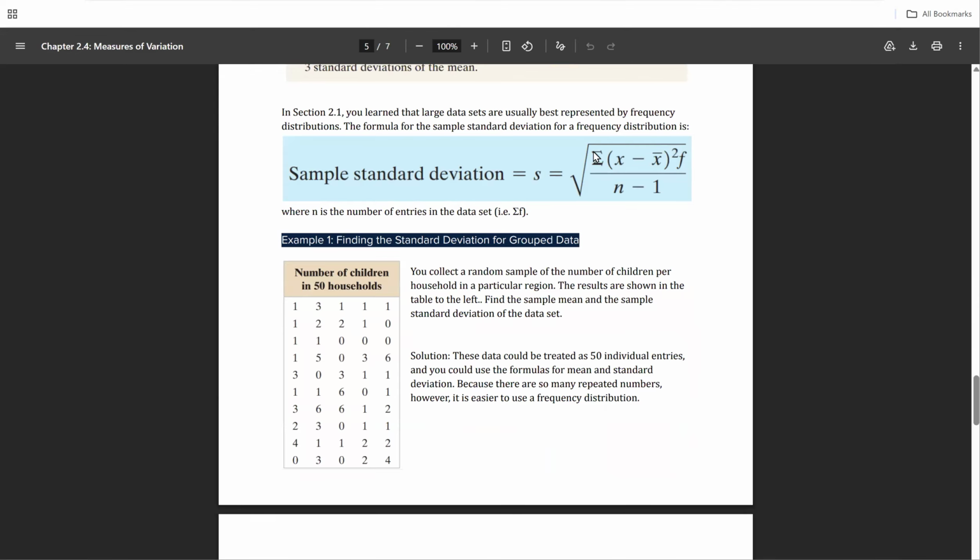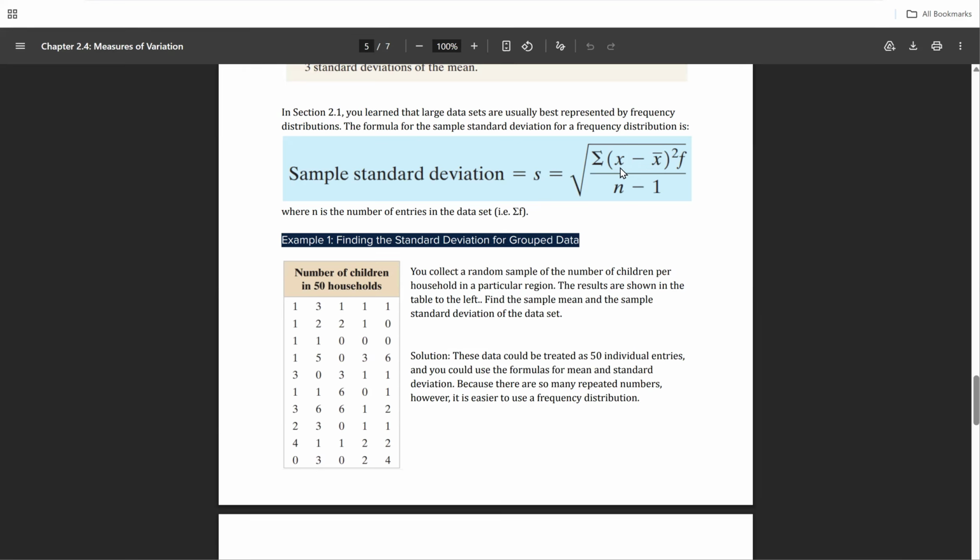So we're going to be using this formula here, which requires us to take each data value, or in this case, each midpoint, subtract the mean, square that result, multiply by the frequency, add that all up, and then divide by one less than the total frequencies, and then find the square root. So that's a lot. We're going to fill in some more columns in Excel to keep it clear.